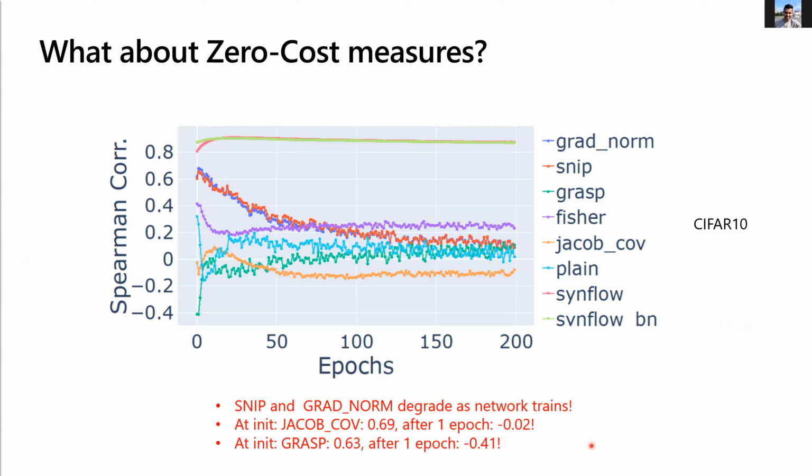Excuse me, so for the Jacobian covariance, you say that it goes from 0.69 at initialization, but in the graph it is at 0 or so. Oh yeah, so this is my fault. What happened is that when I was plotting it, I plotted it from epoch 1. So it already appears that it starts at that point.